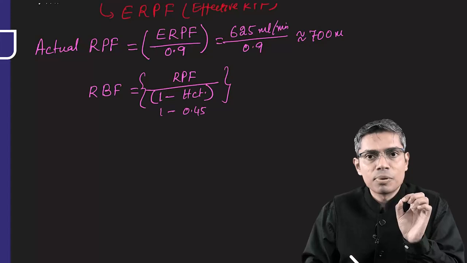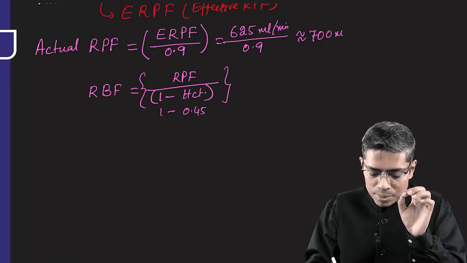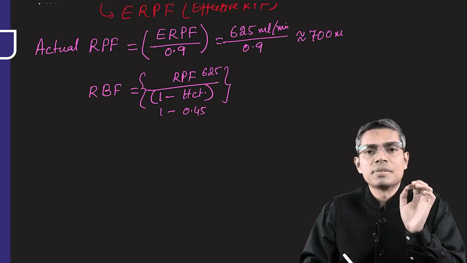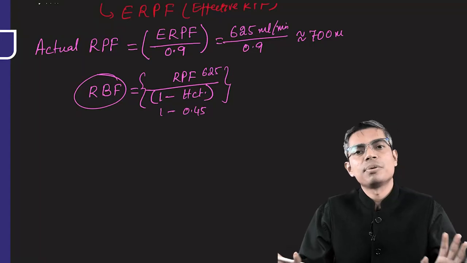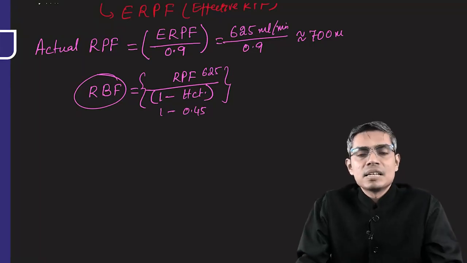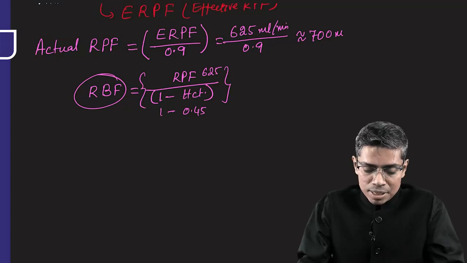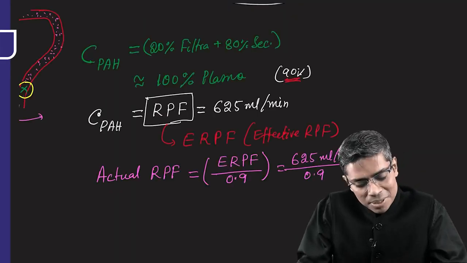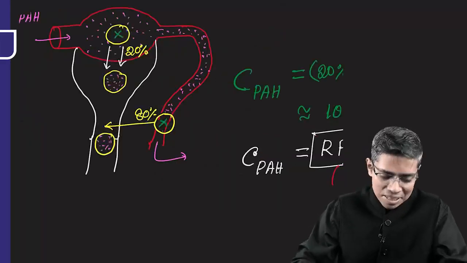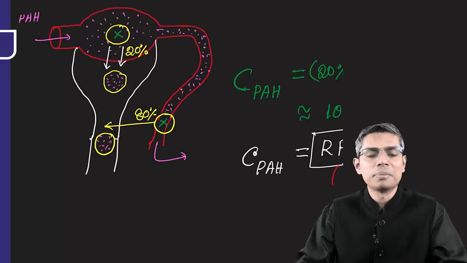So 1 minus 0.45, dividing your renal plasma flow. Suppose the value given is 625. If you divide this, you are going to get the renal blood flow. So this way, clearance is used clinically for measurement of the GFR as well as for measurement of the renal plasma flow.